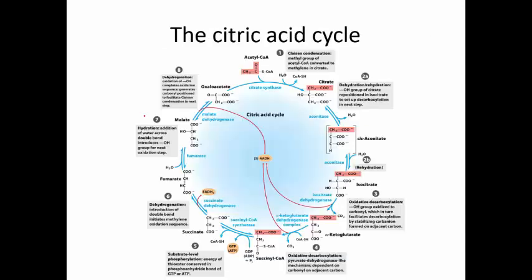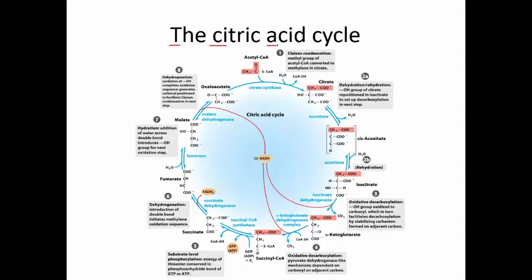So this is called the citric acid cycle. Other names for this are the Krebs cycle, named after the person who discovered it or wrote it down, basically. The tricarboxylic acid cycle, or the TCA cycle. So TCA actually stands for tricarboxylic acid cycle, but I also sort of feel like it could stand for something else.